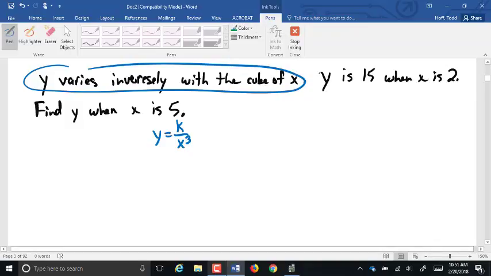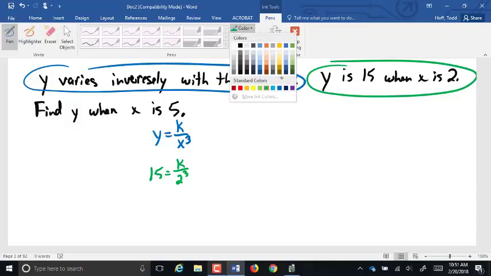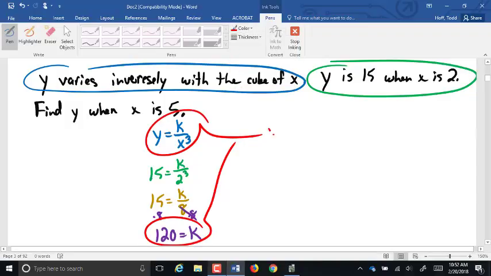And then, perfect. We put 15 in for y, 2 in for x. So 15 equals k over 2 cubed. Now we have to do what? We have to cube the 2. 2 cubed is 8. And then multiply by 8. So 120 equals k, which tells us y equals 120 over x cubed.